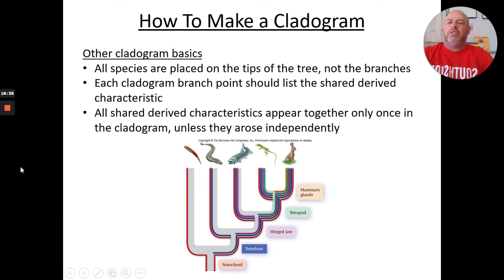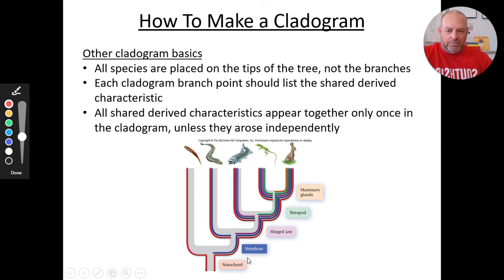Other cladogram basics. All species are placed on the tips of the tree, not the branches, so we usually write them at the very ends. Each cladogram branch point should list the shared derived characteristics, so that is right here. So at each branch, you're going to put down what characteristic is the new separator. And then all shared derived characteristics appear together only once in the cladogram, unless you know they arose independently.